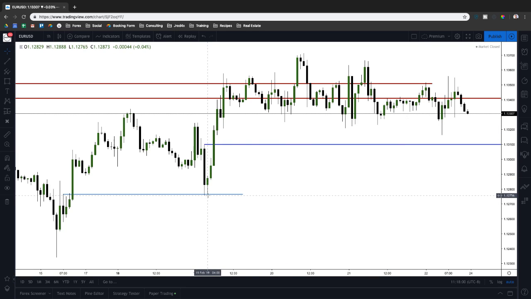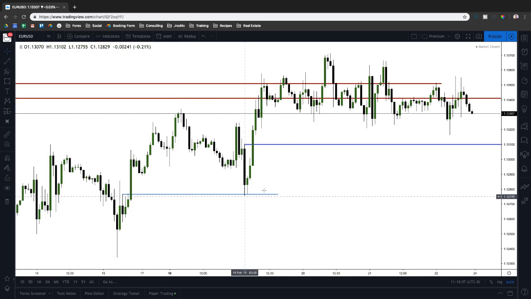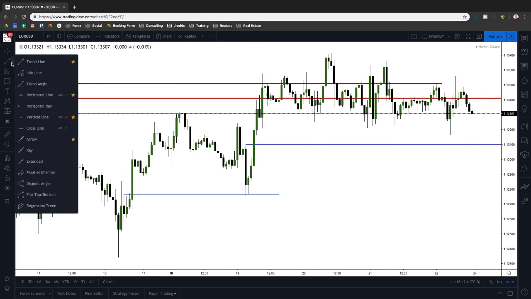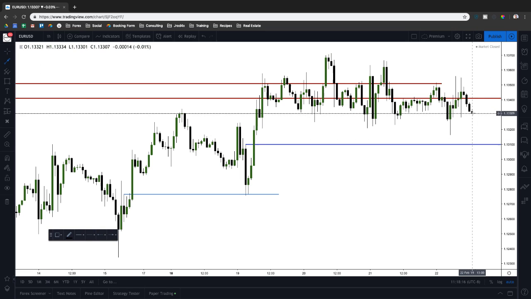But if we can start breaking aggressively lower and we get below this low here at like 1.1280, then it should be a smooth ride down to 1.1260 and even 1.1220 as well. But first things first, we really need to see them break below this low, right? Because ultimately, as long as they're within the bodies of these candles, then they can very well just continue consolidating within here.